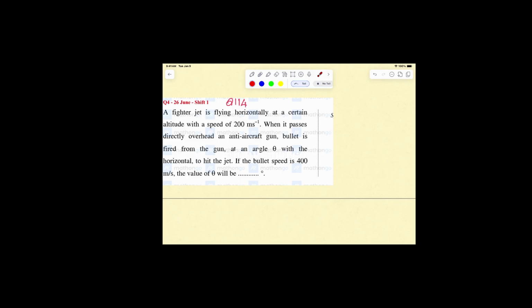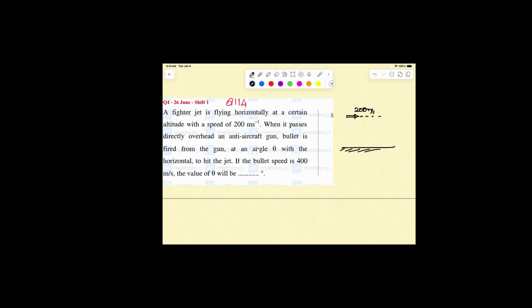Now let me draw it. This is the ground. Now the plane is flying. The fighter jet is flying here horizontally at a speed of u equal to 200 meters per second. Horizontally it is going.